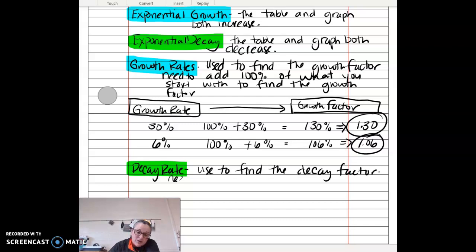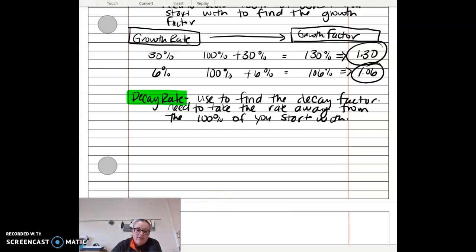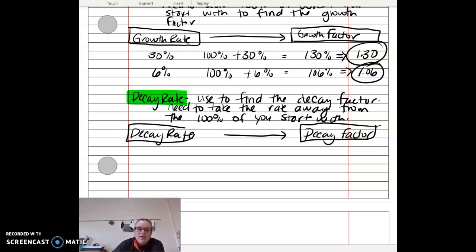So we need to take the rate away from the 100% of what you started with. So similarly, if I gave you the decay rate, how do we turn that into a decay factor, which is what we put into the equation? Box that off.